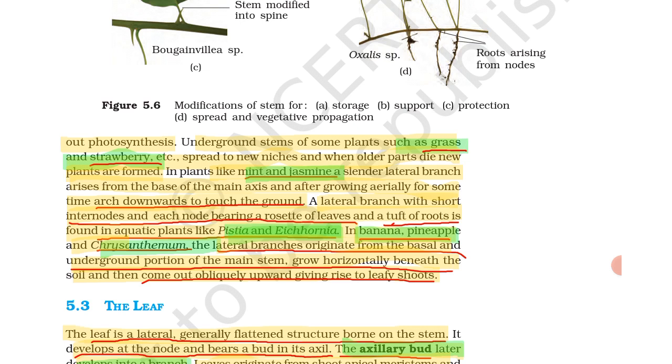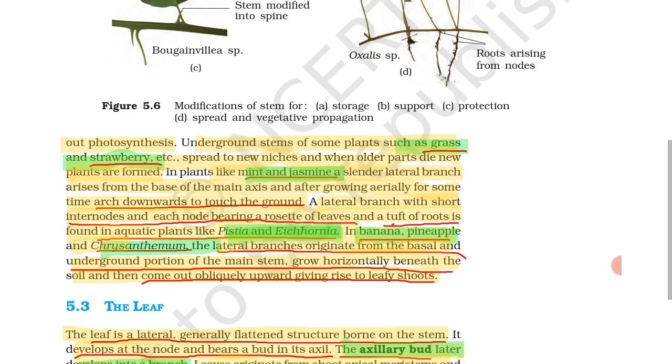Next is the offset, in which a lateral branch with short internodes, each node bearing a rosette of leaves and tuft of roots, is found in aquatic plants. The examples are Pistia and Eichhornia.